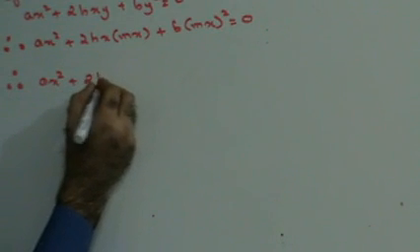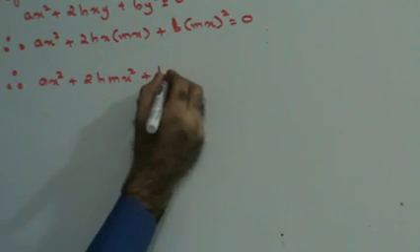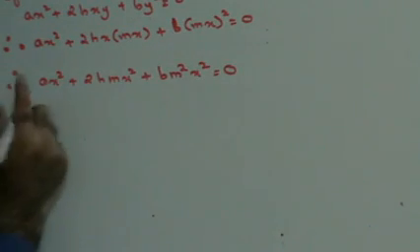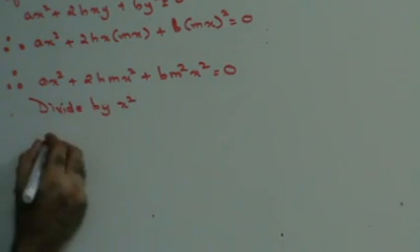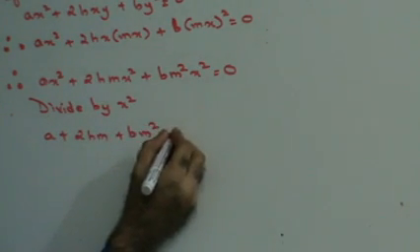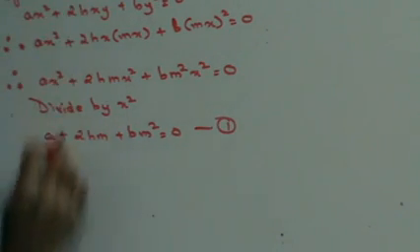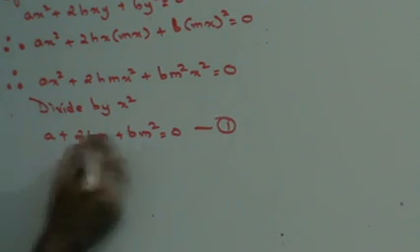So you will get ax square plus 2hm x square plus b m square x square is 0. Therefore if I divide by x square, I'll get a plus 2hm plus bm square is 0. All this is equation 1. That means if y is equal to mx, then this is the equation that is formed for the pair of lines, or y is equal to mx is satisfied by the slope of this.